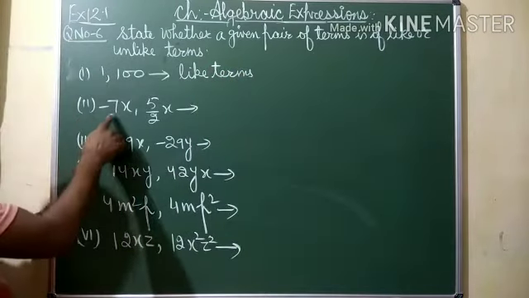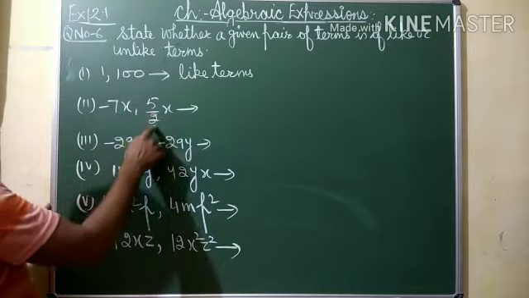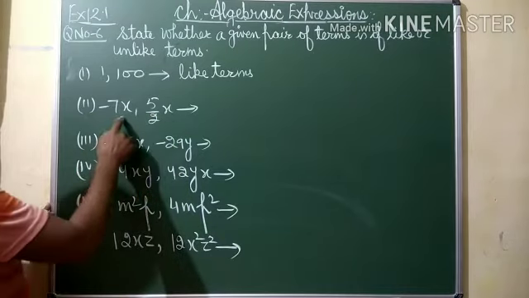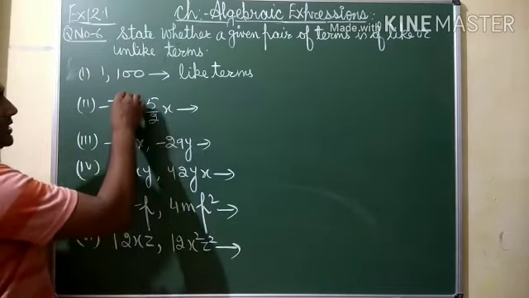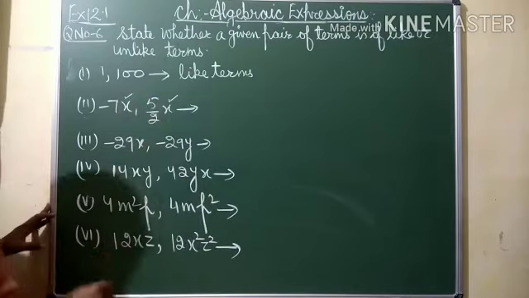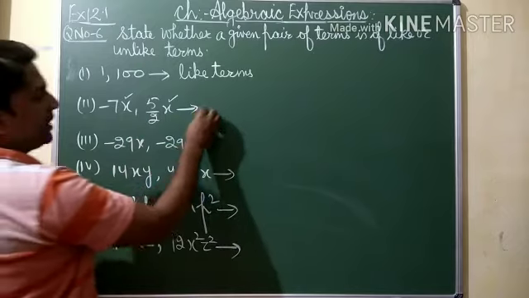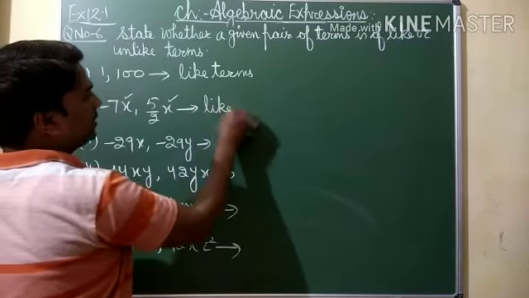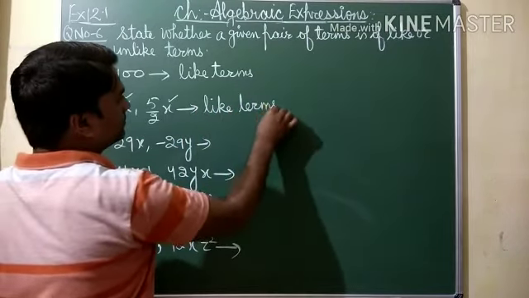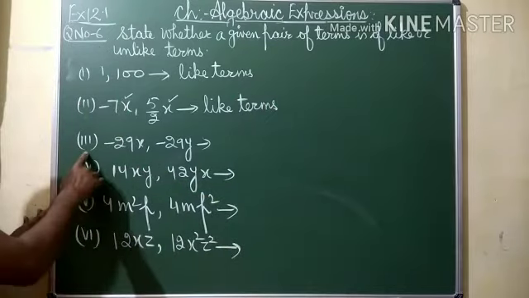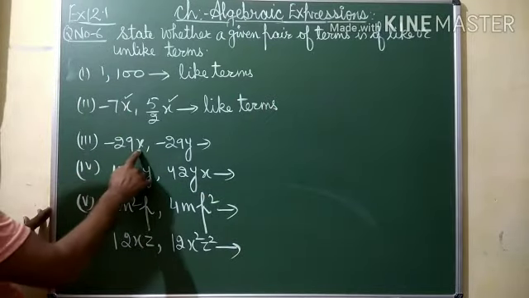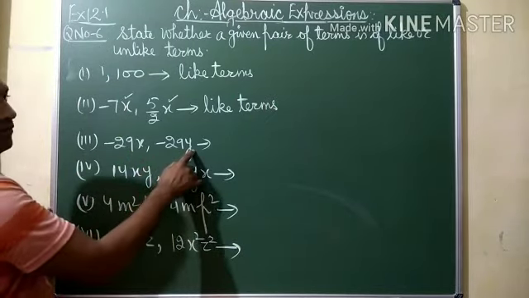Next, second part, minus 7x, 5 by 2 x. Since both terms have the same algebraic factor x, therefore again minus 7x, 5 by 2 x is a pair of like terms. Next, third part, minus 29x, minus 29y.